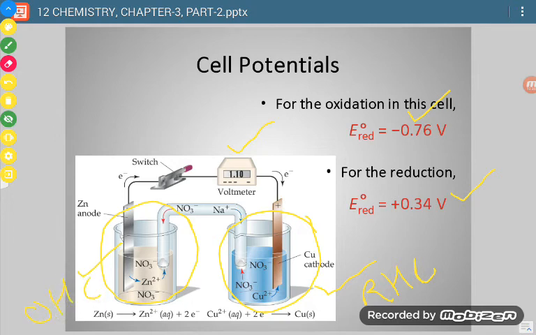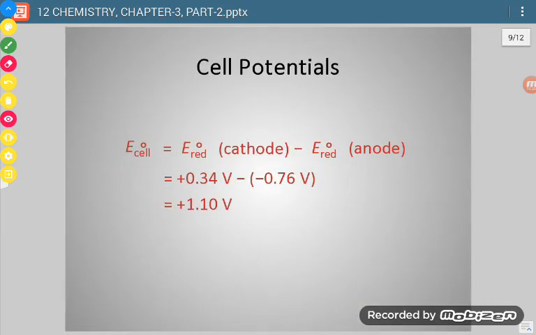Then the cell potential can be calculated by the formula E naught cell is equal to E naught right minus E naught left. The right side reduction potential is this much, the left side is this much, so we get the overall EMF of the cell as 1.10 volt.